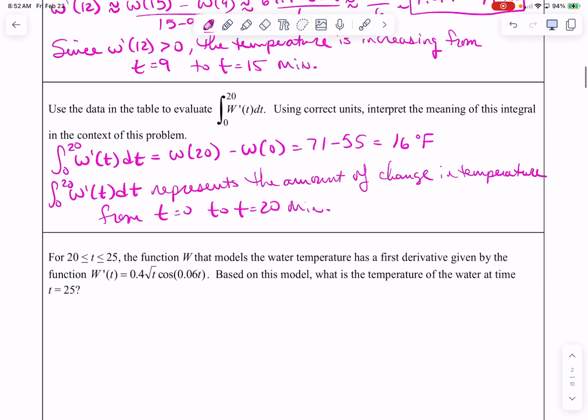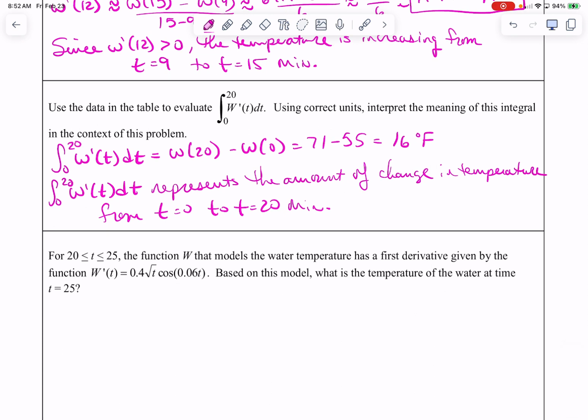Okay, lastly, for 20 times between and inclusive of 20 to 25 minutes, the function w that models the water temperature has a first derivative given by the function w prime of t equals 0.4 square root of t cosine of 0.06 t. Based on this model, what is the temperature of the water at time 25?